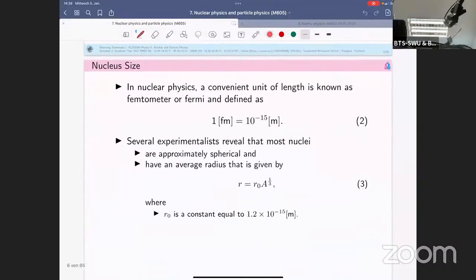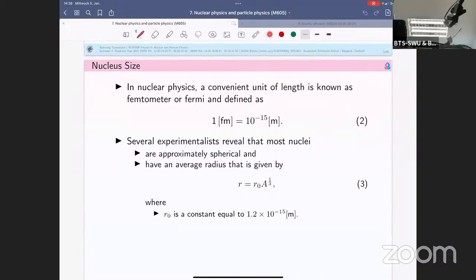In nuclear physics, a common unit for length: in the atom size, we have 10⁻¹⁰, which is the angstrom, as I told you. But once we don't consider the electron, the size of the atom reduces to the size of the nucleus only, because there is no electron moving around the nucleus anymore.